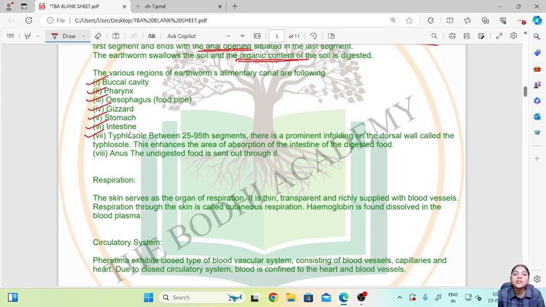So this enhances the area of absorption of intestine of digested food. Then the last part is the anus, through which the undigested food is sent out.